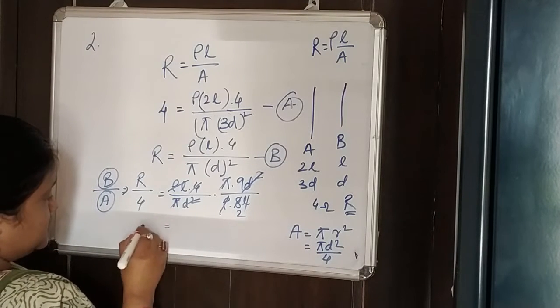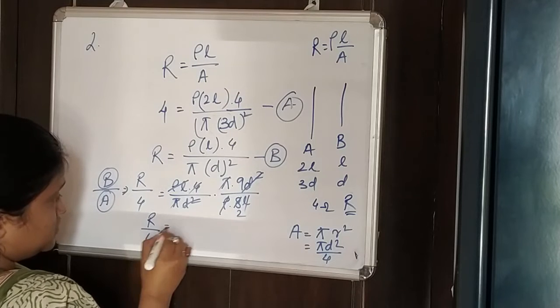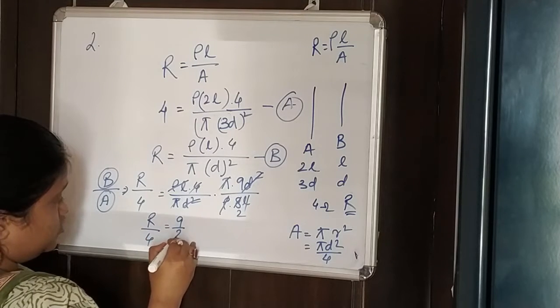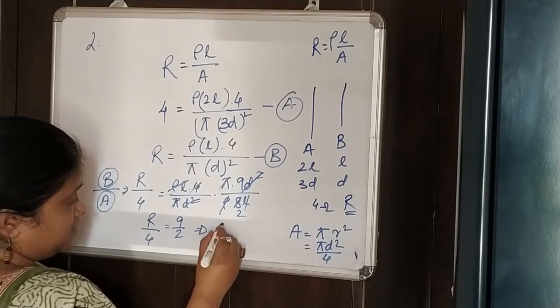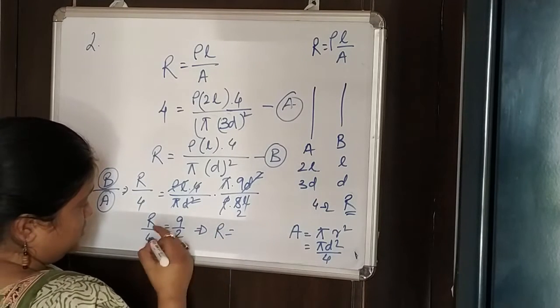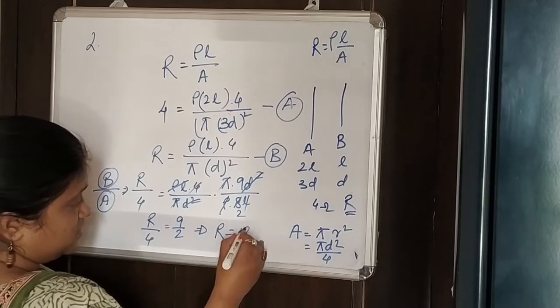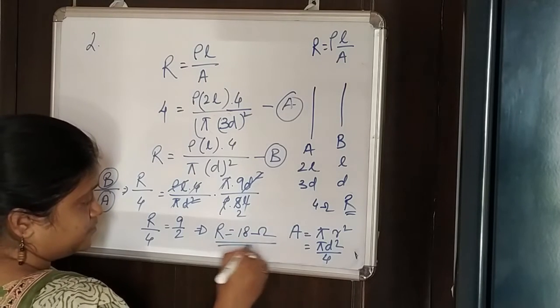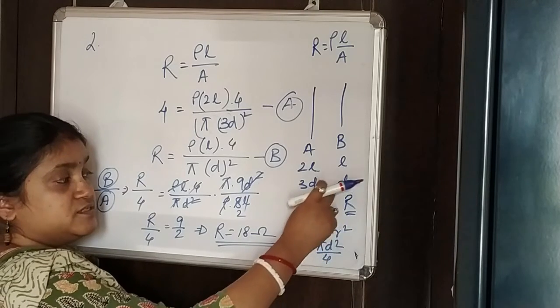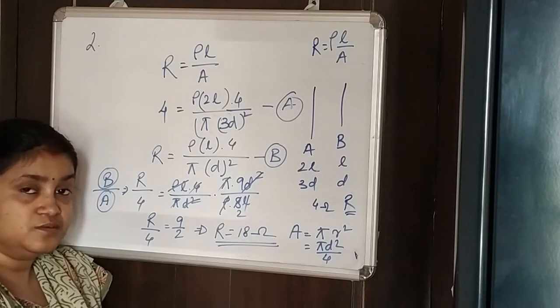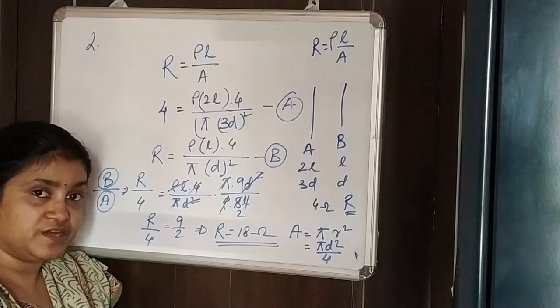So I get R by 4 is 9 by 2. From here I can write, R is 36 by 2, that is 18 ohm. So this is the resistance of the wire B, which I am supposed to find.